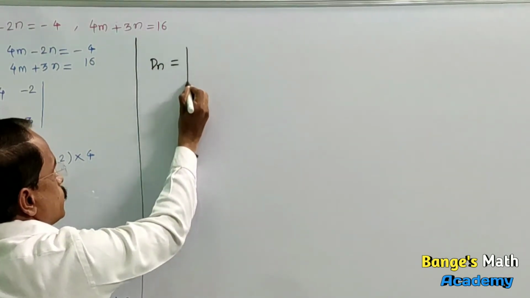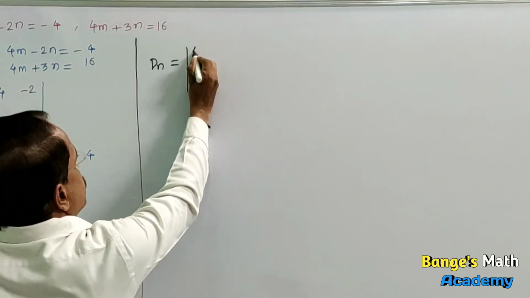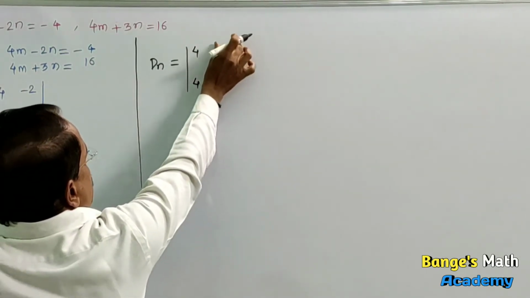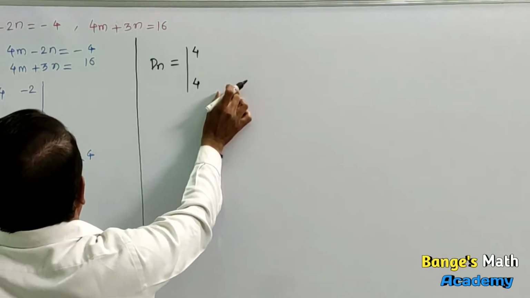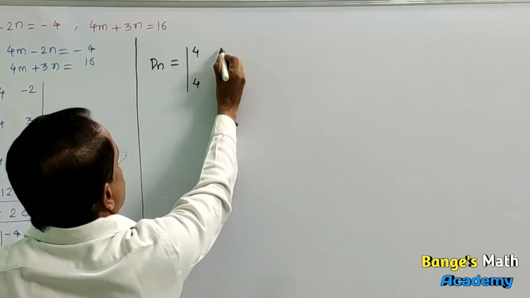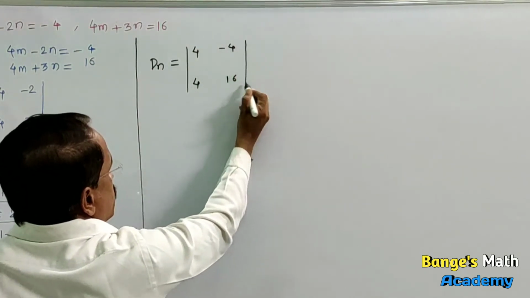dn is equal to, in first column write down coefficients of m: 4, 4. In second column neglect coefficients of n and at this place write down constant terms: -4, 16.